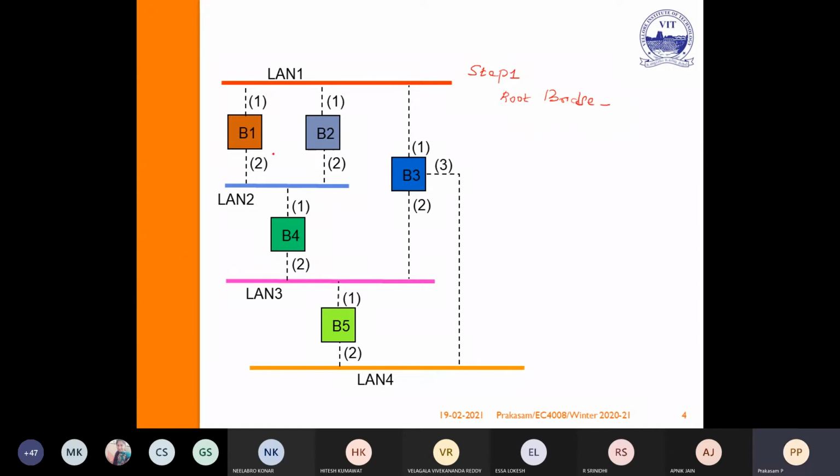In this example, the bridge IDs are B1, B2, B3, B4, B5. We are not giving any MAC address. So the root bridge is the bridge which has the lowest bridge ID. If we compare 1, 2, 3, 4, 5, 1 is the lowest. So the root bridge is B1.